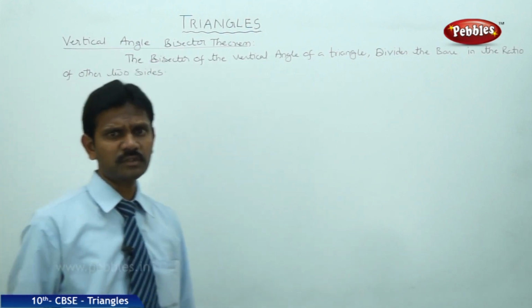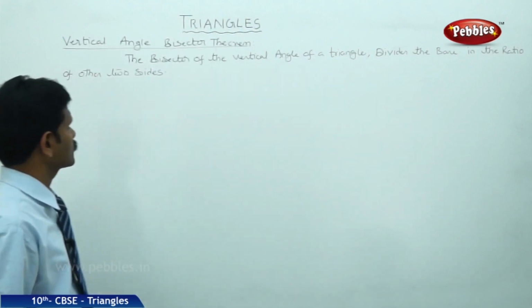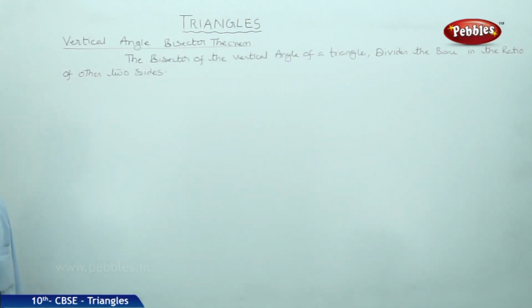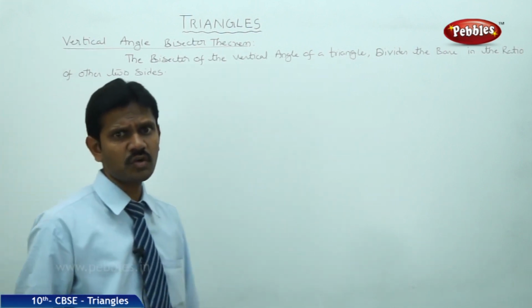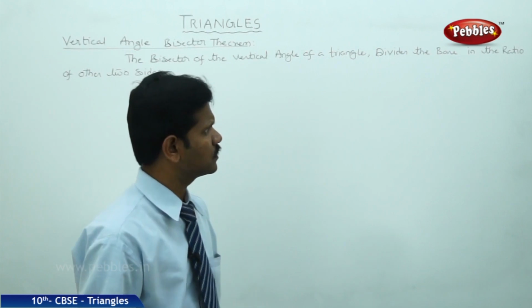This is the statement of the theorem. The bisector of the vertical angle of a triangle divides the base in the ratio of other two sides.